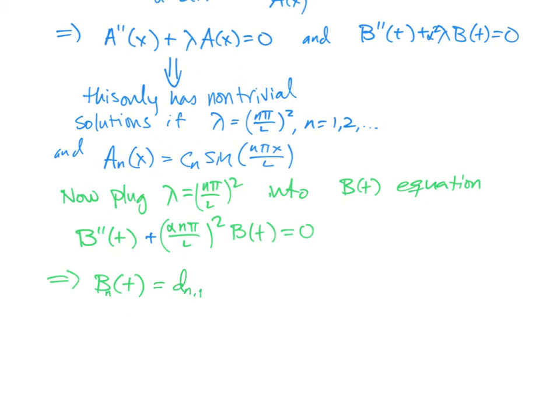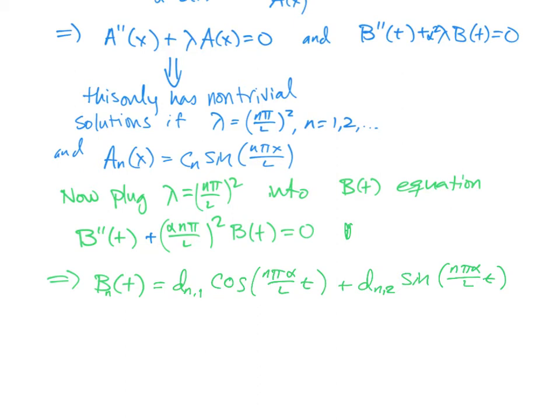So we get dn1 cosine of n pi alpha over L times t plus dn2 sine n pi alpha over L times t. Now, if it's not clear to you why these are the solutions bn, think about it and try to solve this equation here, because that's the sort of thing that you should be pretty comfortable with solving by this point.